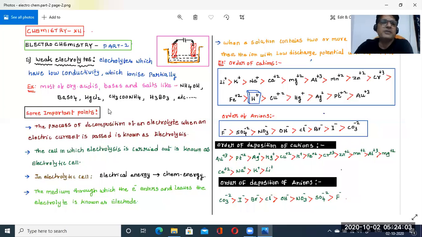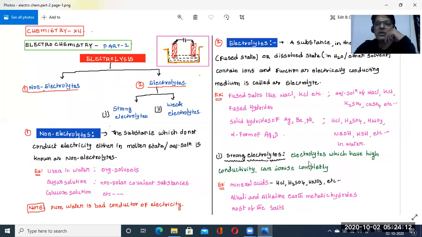This is the second page. So strong electrolytes we learned now. Next, weak electrolytes. What does strong electrolyte mean here, beta? The electrolytes which have high conductivity tend to ionize completely. Then weak electrolytes means completely opposite. The electrolytes which have low conductivity cannot ionize completely.